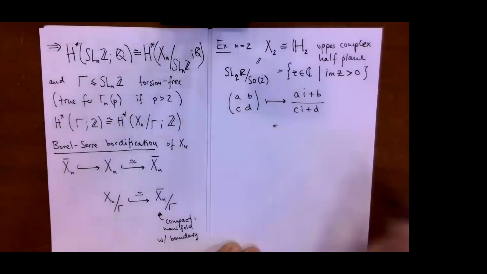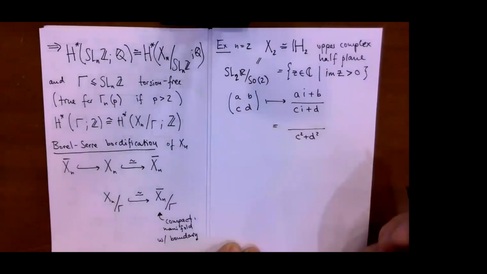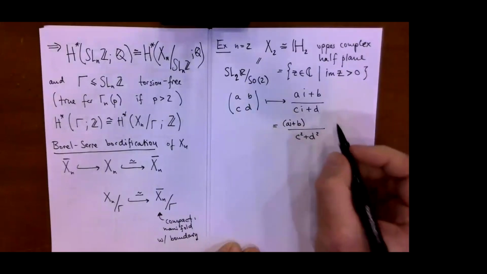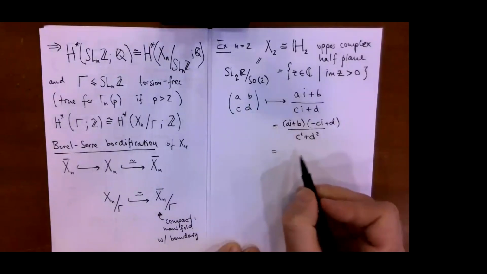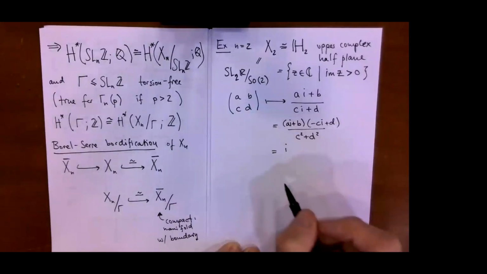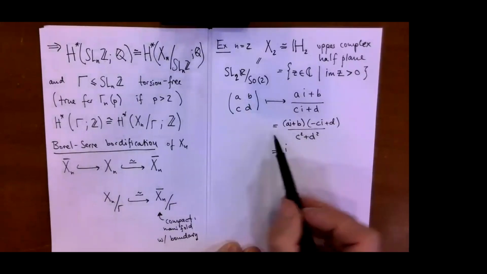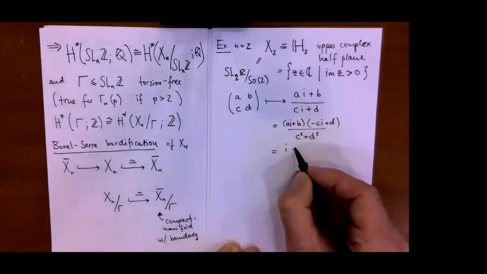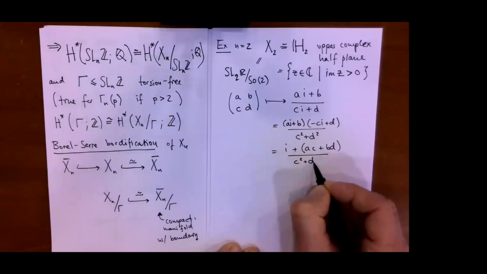Or maybe in other words, if I rationalize the denominator, then I get this. This is just a very concrete calculation. If I multiply this out, the coefficient of i is going to be the determinant of this matrix, so that's just 1, and then I get here (ac+bd)/(c^2+d^2).